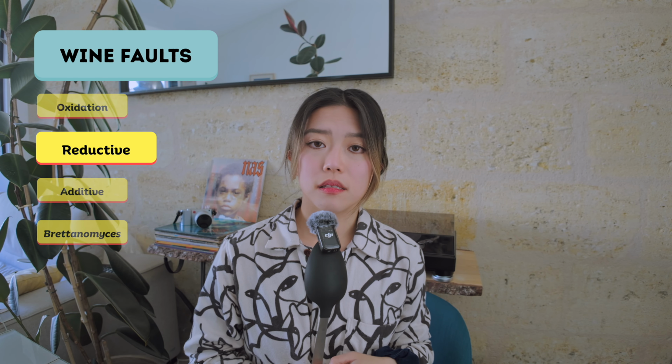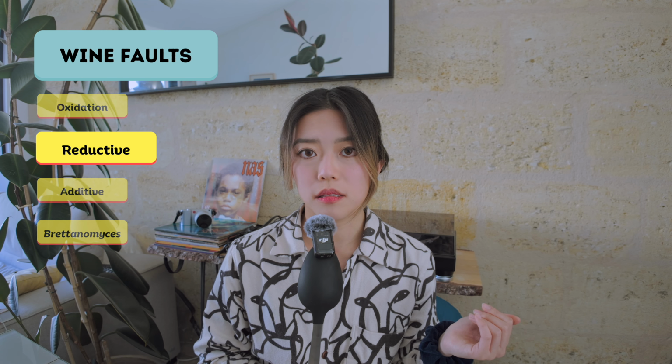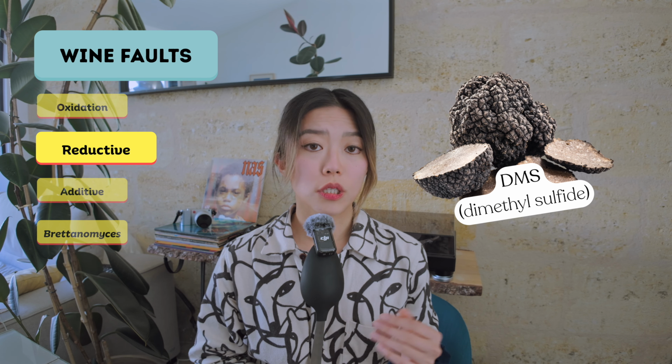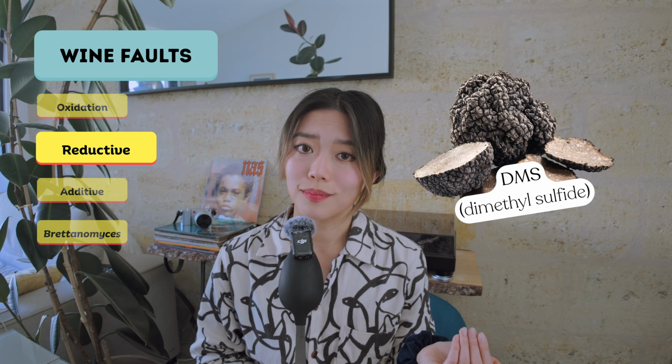Depending on the grape variety, viticultural practices, and concentration, DMS actually brings some truffle-like aroma. Is it a defect? I'll leave that to you.